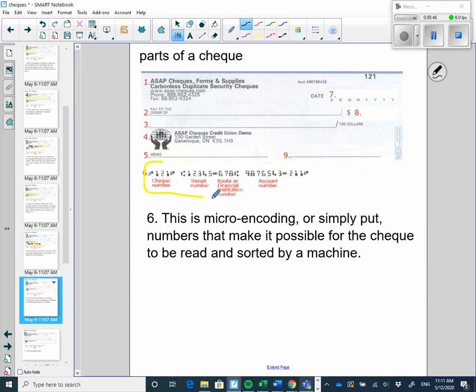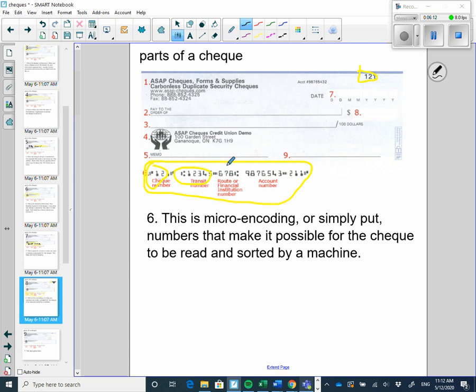This part down here, this is all micro encoding. You don't need to worry about this at all. These numbers, when the bank gets the check, the machines at the bank can read these numbers, and that tells the other bank what account number it's from. So this is the check number 121, same as that right there. The transit number helps them identify which bank it is.